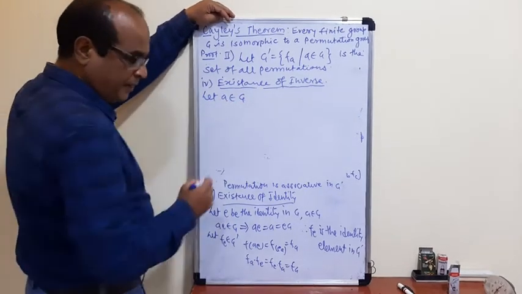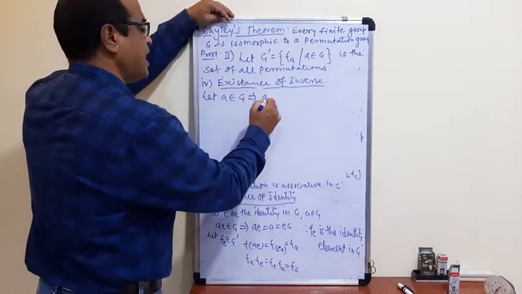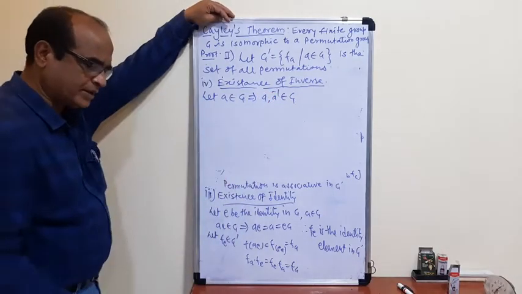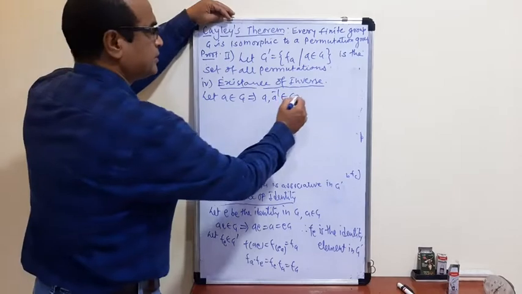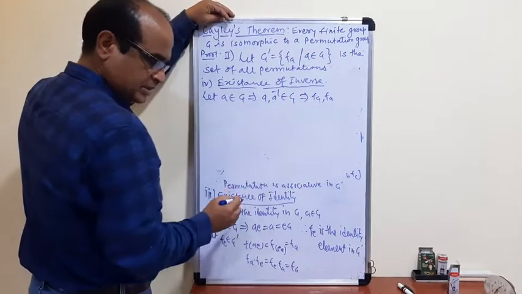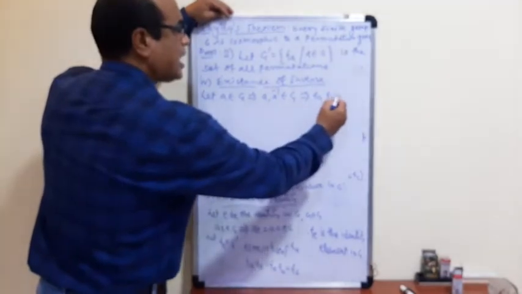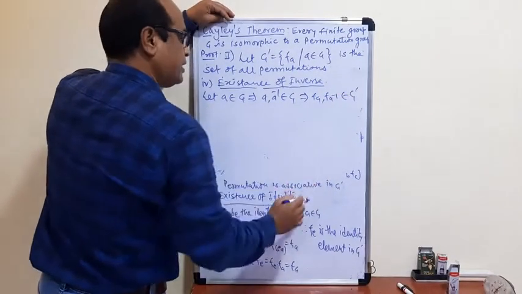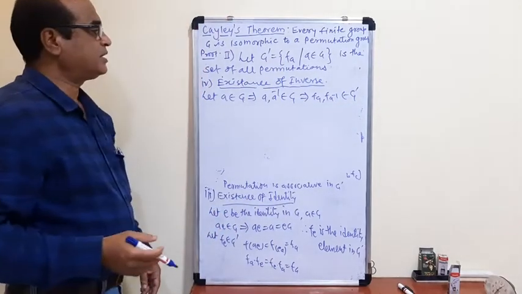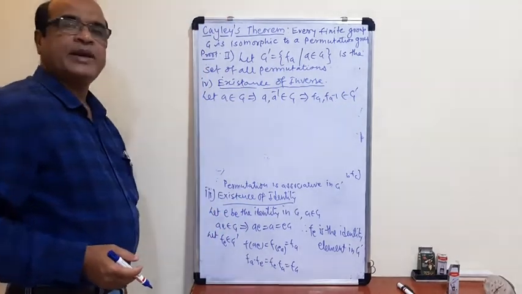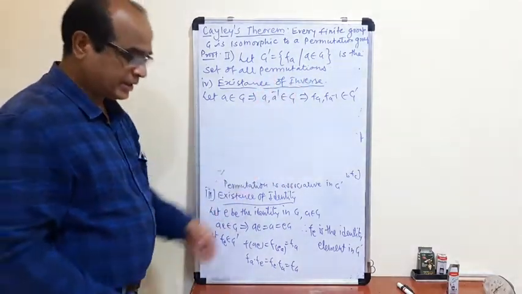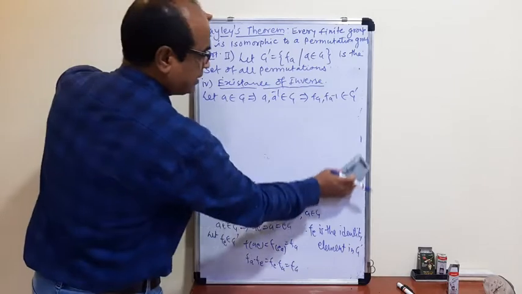Then A inverse is also an element of G, because G is a group. So F(A inverse) belongs to G dash, because F is a function from G to G dash. A and A inverse are elements of G, so F(A inverse) is an element of G dash.